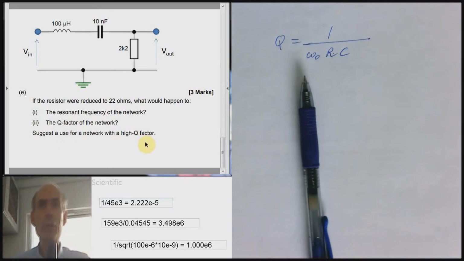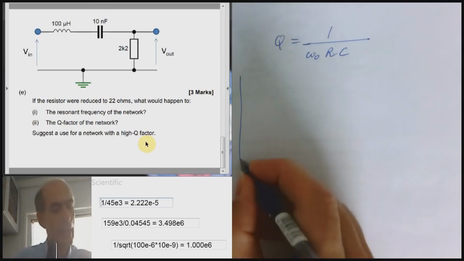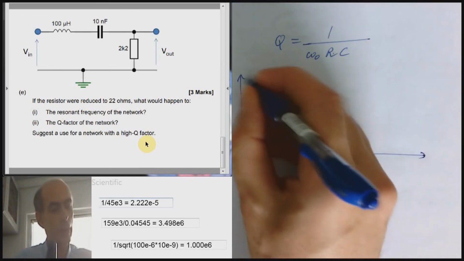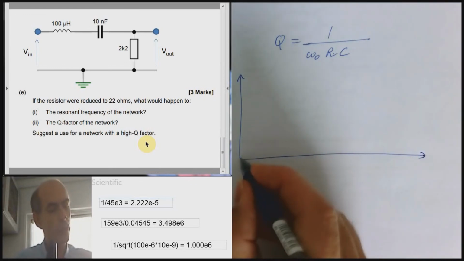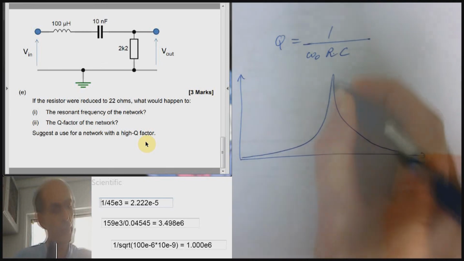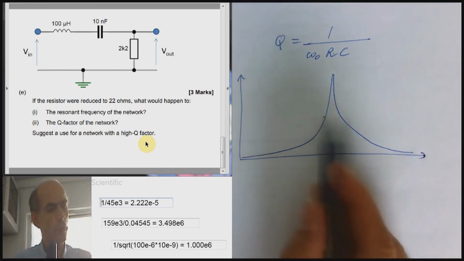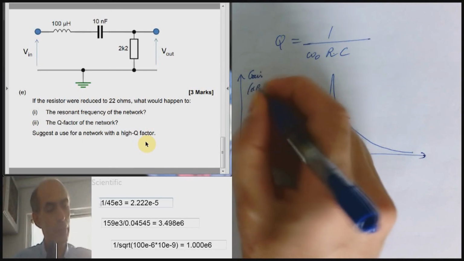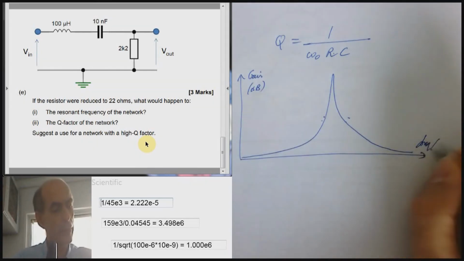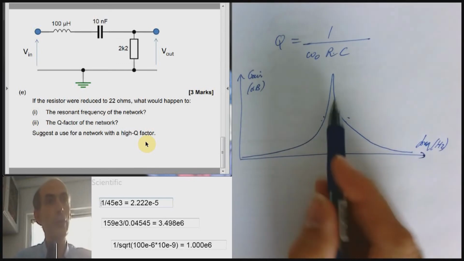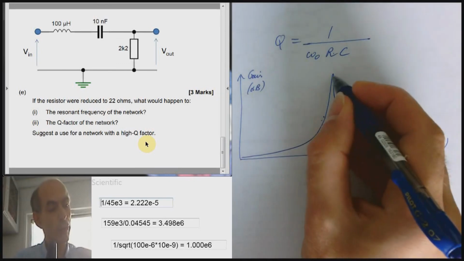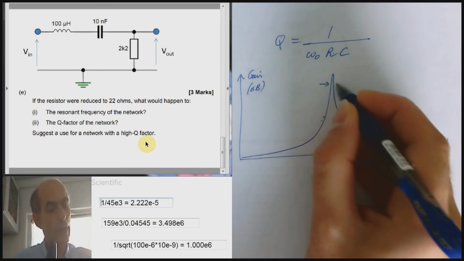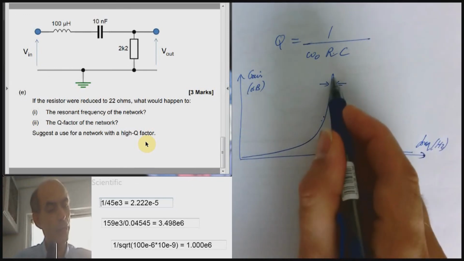Suggest a use for a network with a high Q factor? Well, if we had a bandpass filter with a high Q factor, its frequency response would look something like this. Not very well drawn, it's supposed to be symmetrical. Gain in dB, frequency in hertz. You would get something like this, which is a filter with a very narrow bandpass region.